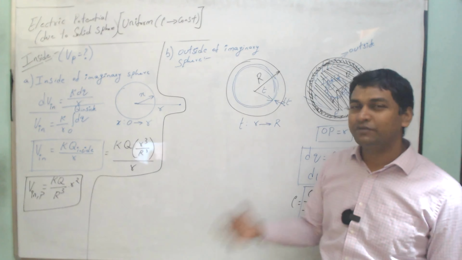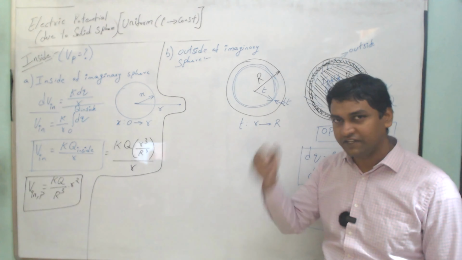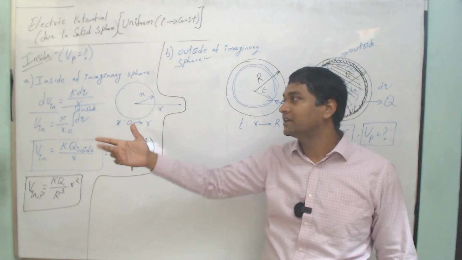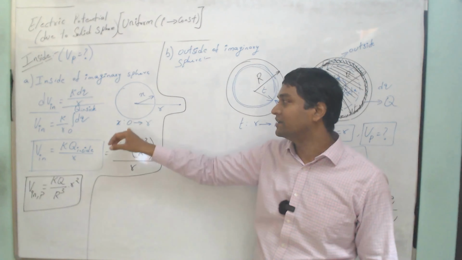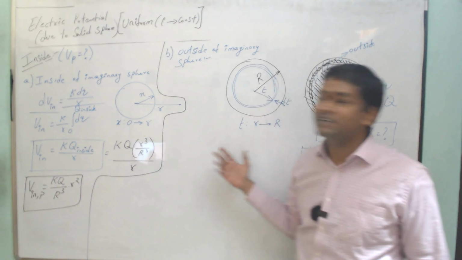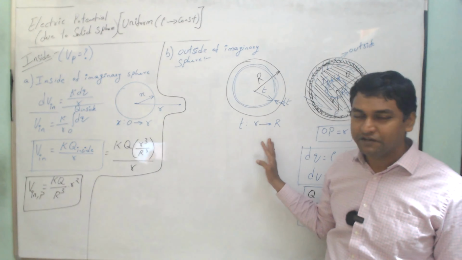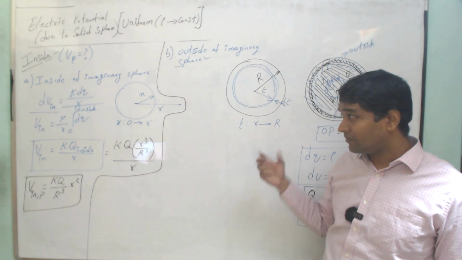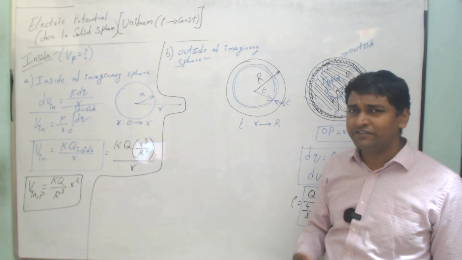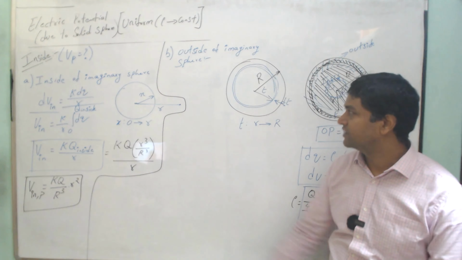Mathematically, inside is defined as x from 0 to r, and outside is defined as small r to capital R. But anyways our every calculus element is an imaginary story, a variable imaginary story.